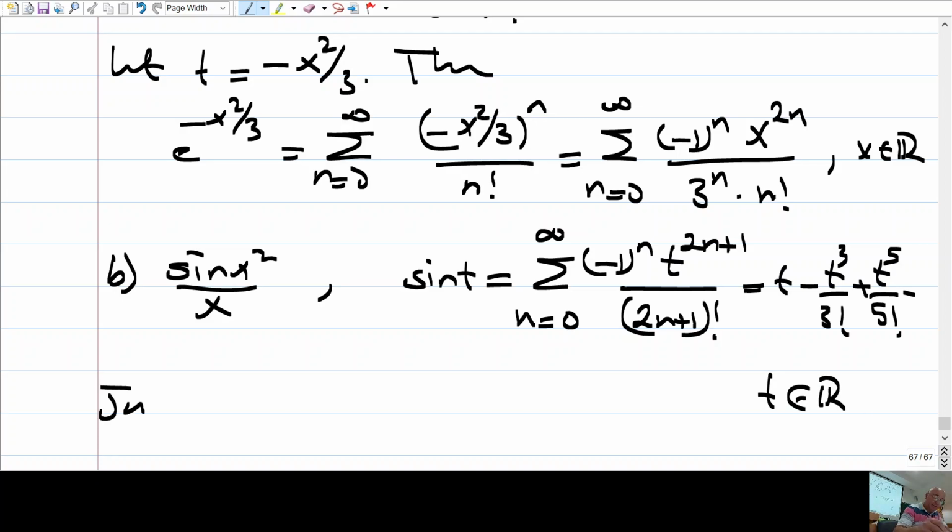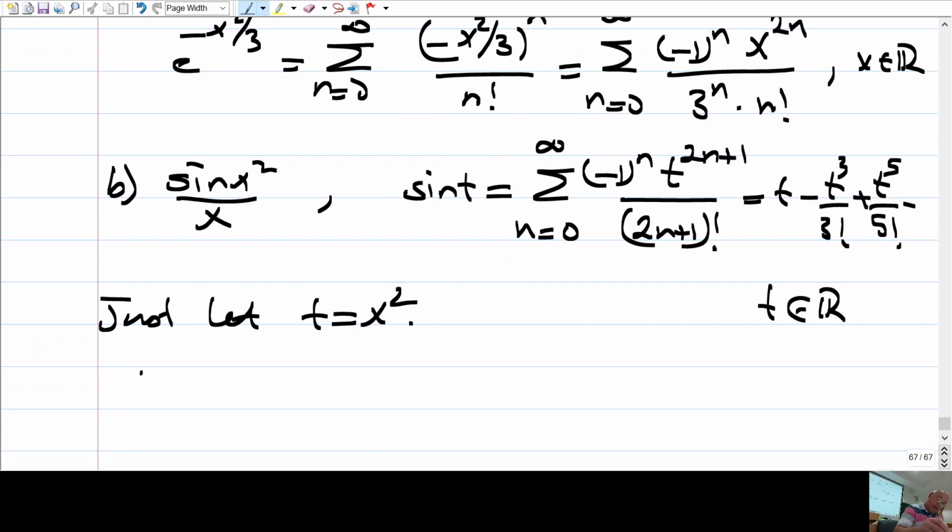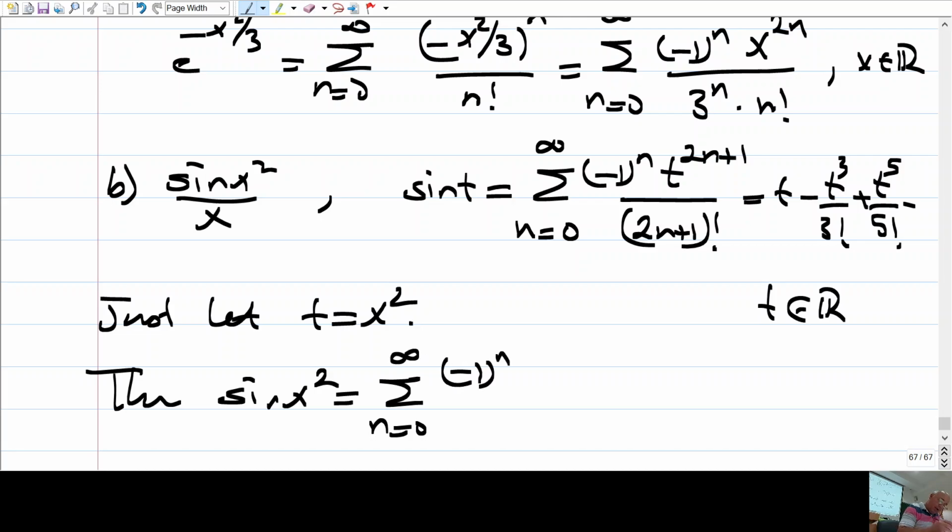So just let t equal x squared. Then sine x squared is what? You just let t equal x squared. So you get the sum from 0 to infinity of minus 1 to the power n, x squared to the power 2n plus 1.